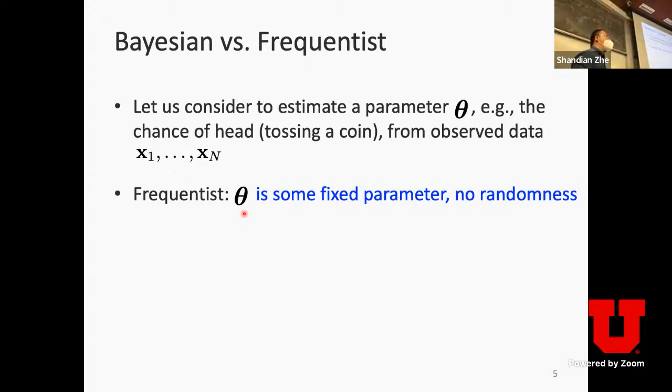The theta is there, it might be in the sky, might be in whatever place. I don't know, but I know it exists. I just don't know it. So I want to do many experiments so that my estimation gets closer and closer to the ground truth theta. That is how frequentist people view the model parameters.